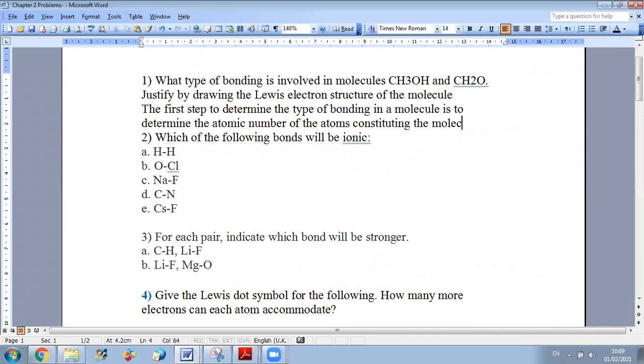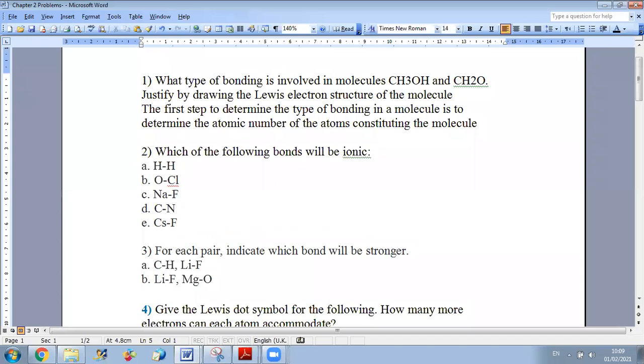Okay, so here in our first question, what is the molecule?